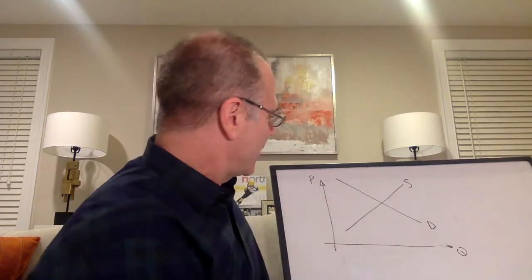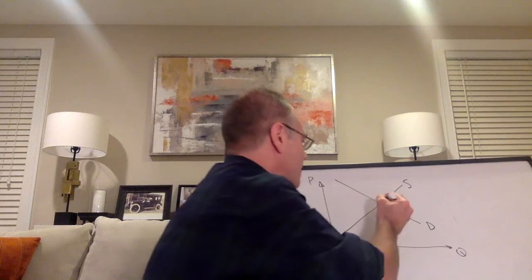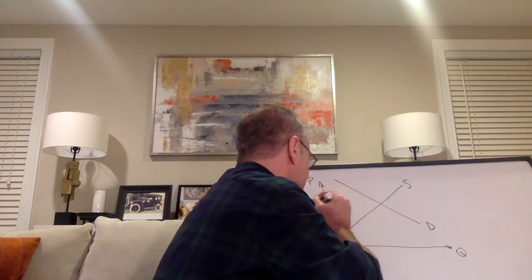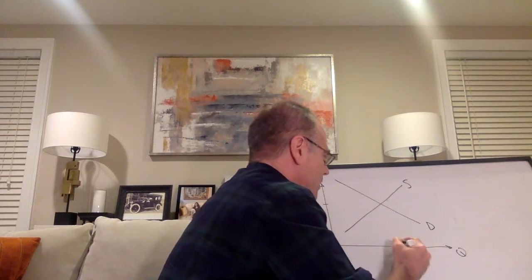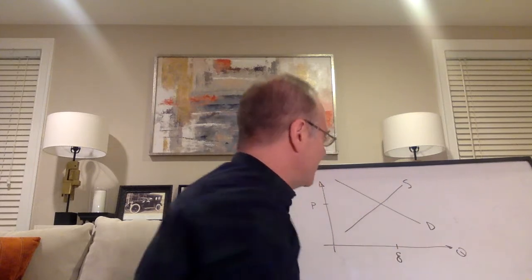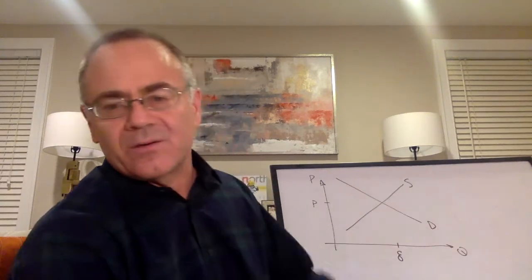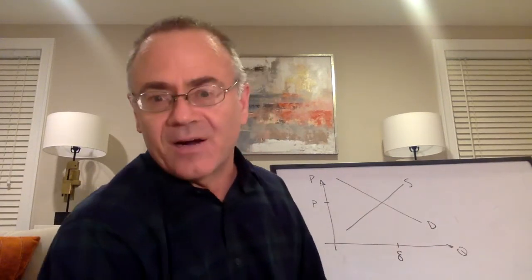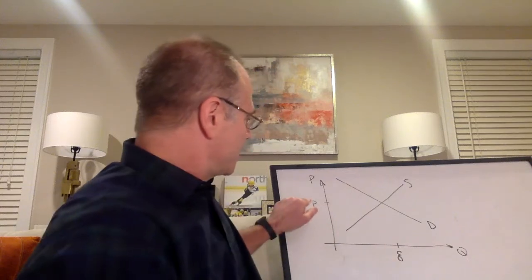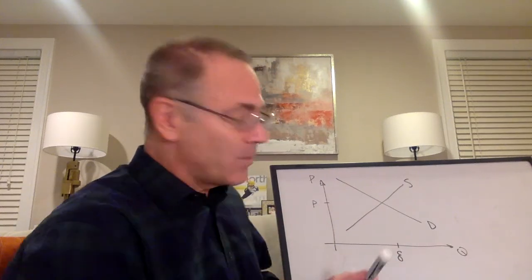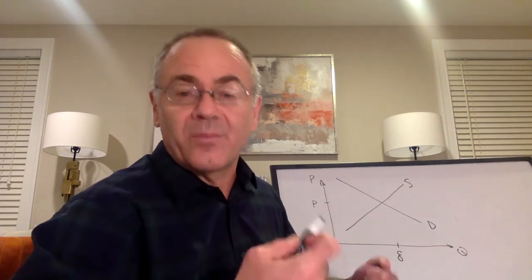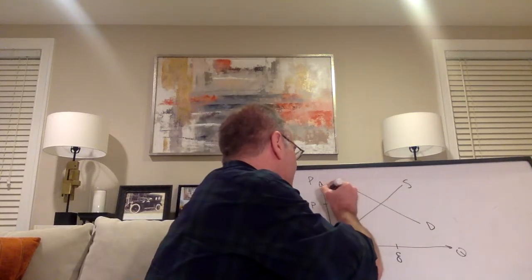And if the market clearing price is say here, the market clearing quantity would be here. Suppose that in the U.S. it were $6 an hour. So this P is $6 an hour, but then the government imposes a price floor, say $7.25.